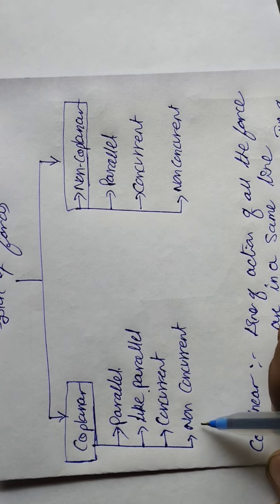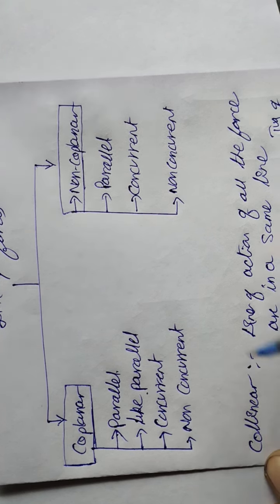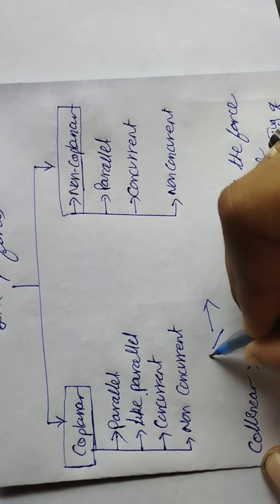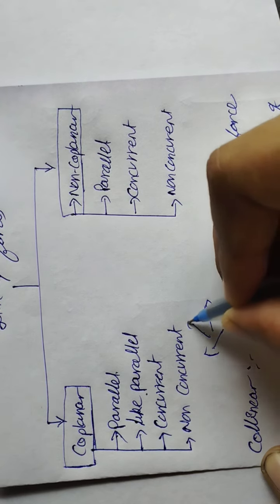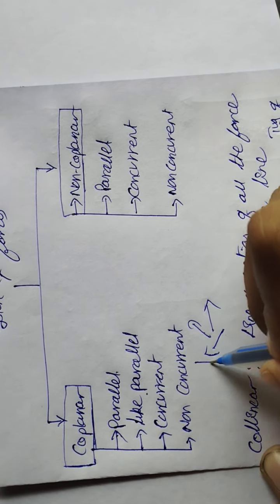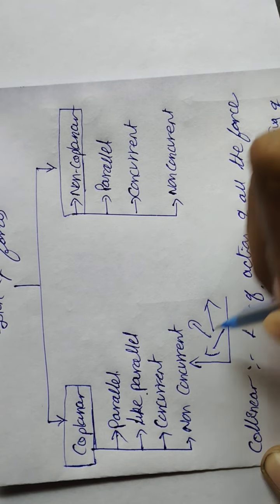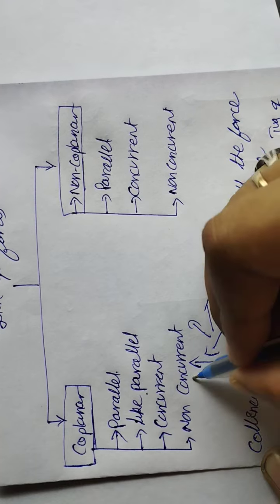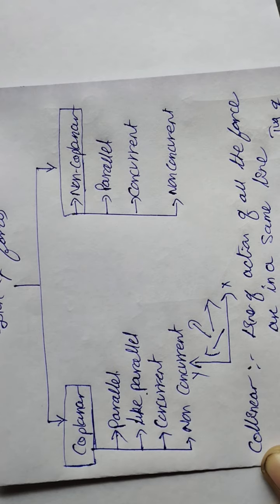And if they are non-concurrent, what does it mean? There is one force, another force, and another force, and these forces lie in a plane, but they are not concurrent, meaning they do not meet at a specific point, or their lines of action are not at the same point.